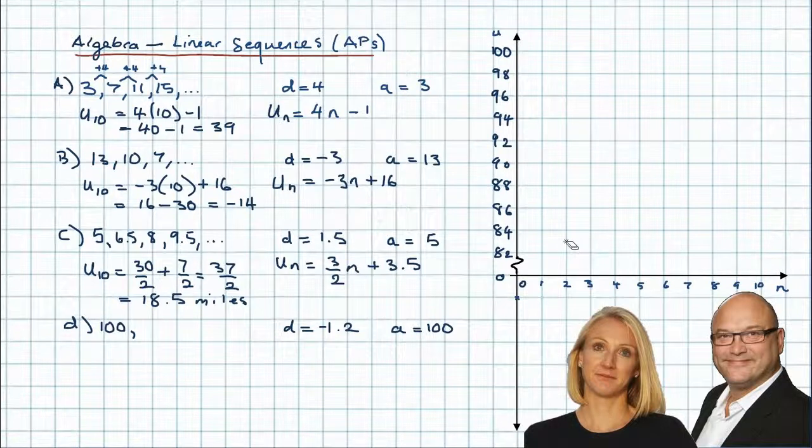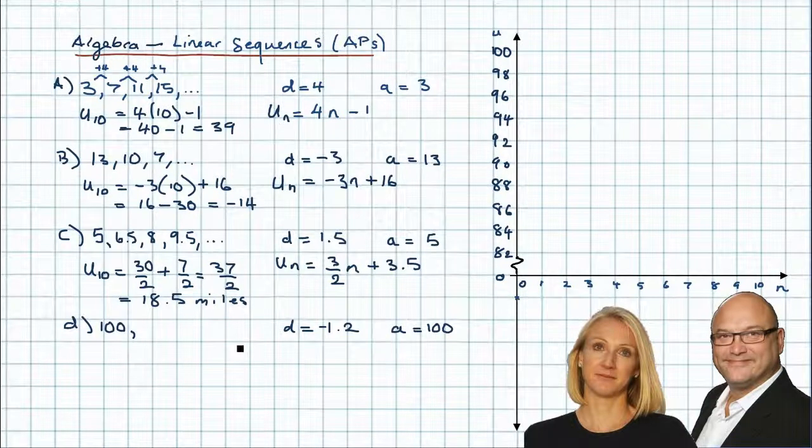What do we want to find? Let's say that Greg asks us, when will I weigh less than 89 kilograms? You know, after how many weeks will I weigh less than 89 kilograms? Okay, well, let's find out. Now, first of all, let's plot our sequence on the graph.